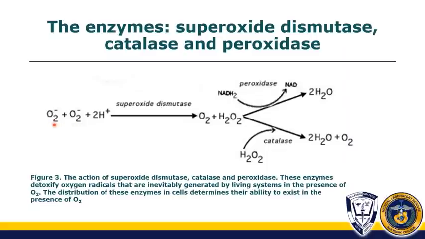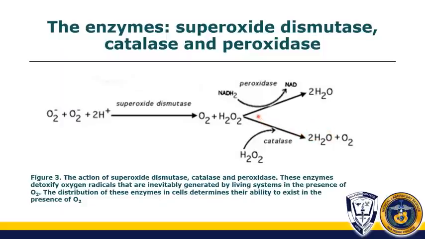Nearly all organisms which can live in the presence of oxygen contain superoxide dismutase to convert superoxide into oxygen and hydrogen peroxide, while nearly all bacteria contain catalase that can break down hydrogen peroxide into water molecules.